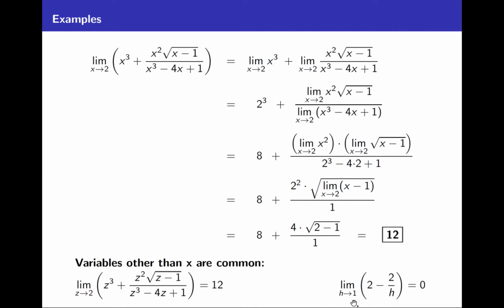The limit as h approaches 1 of 2 minus 2 over h. Here the variable is h. It's approaching 1, and in your head, you can get this answer immediately. You're probably applying limit laws in your head, and you realize, oh, well, we can just essentially plug in h equals 1 right there to get 2 minus 2 over 1, and that's equal to 0.